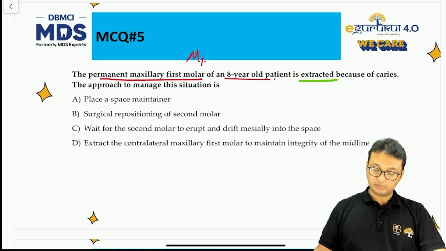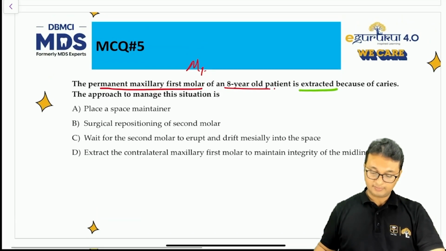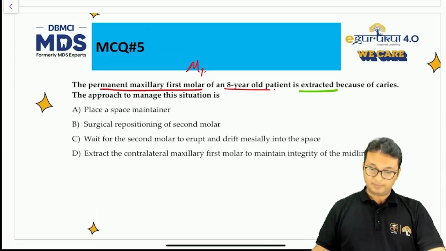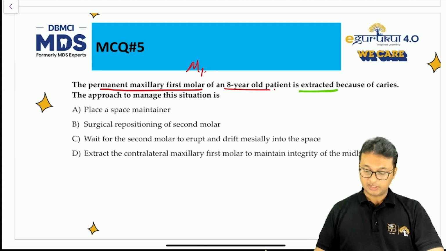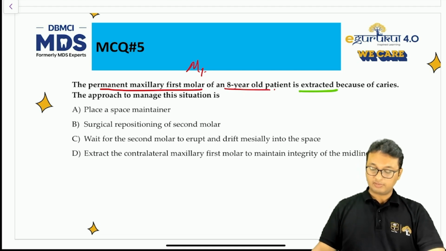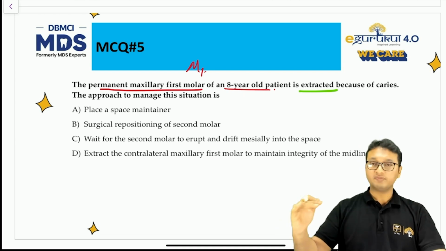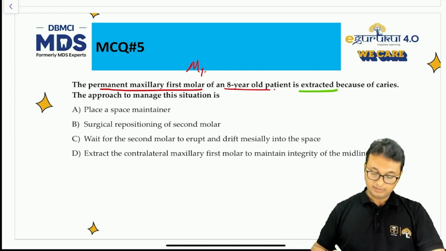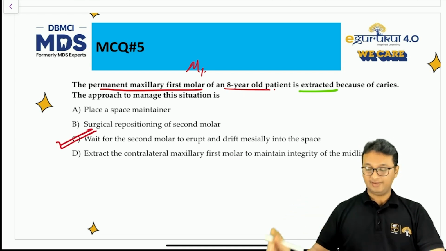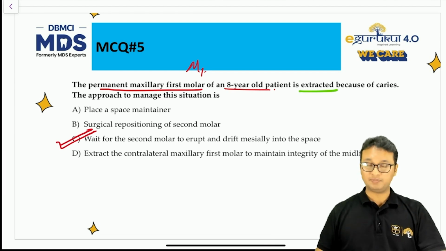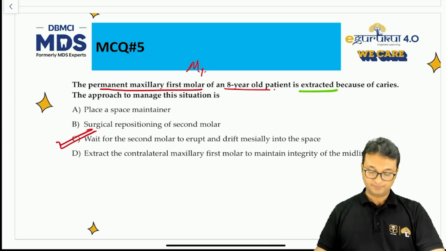Now, the approach to manage the situation: place a space maintainer, surgical repositioning of the second molar, wait for the second molar to erupt and drift mesially into the extracted space, or extract the contralateral maxillary first molar to maintain the integrity of the midline. Out of the 4 options, I think option C is the most accepted option clinically.